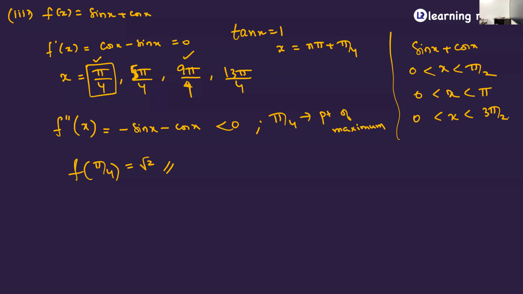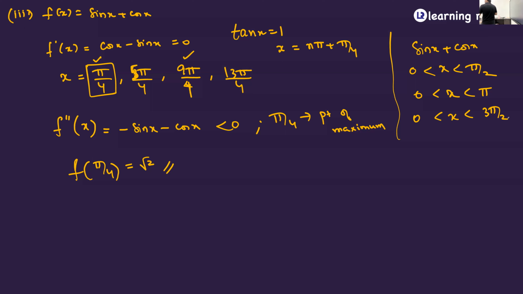Why? I told you, sin x is equal to minus cos x. Where do sin and cos have opposite signs? Second and fourth. Or you divide by cos on both sides and get tan x is equal to minus 1. So where is tan negative? Second and fourth.